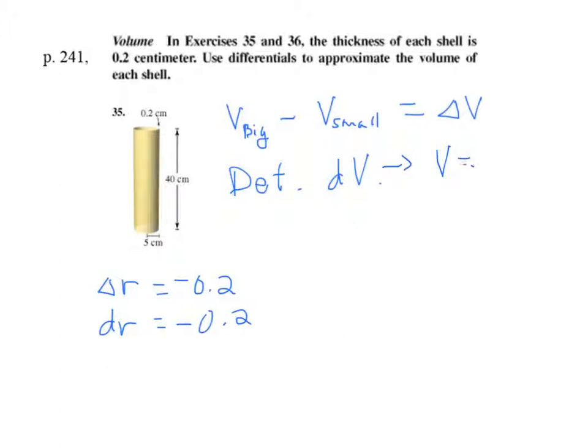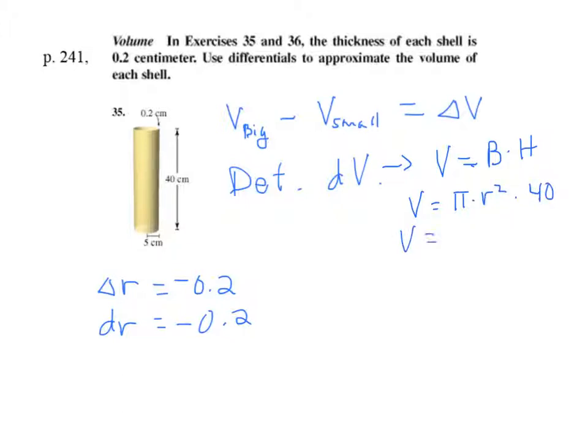So let's see, the volume of a cylinder would be the area of the base times the height. And it looks like our height is constant, that's 40 centimeters. Keep in mind our radius is not constant. It's changing, so we're going to need to use a variable there. Volume is going to be the area of our base, which is just pi r squared, and then times the height, which is 40.